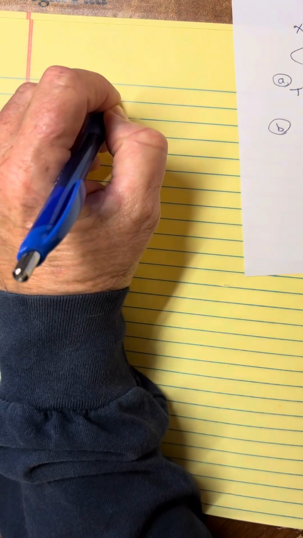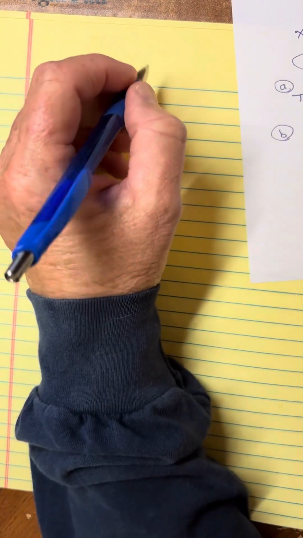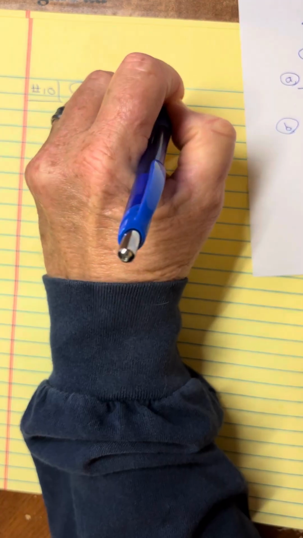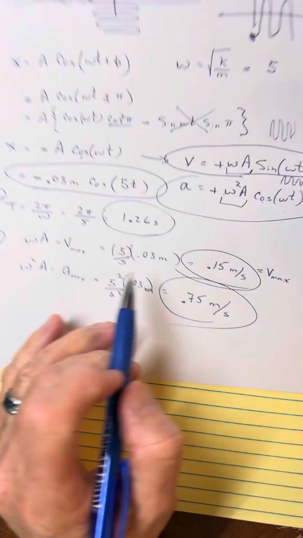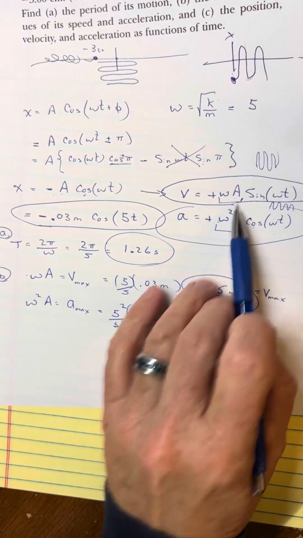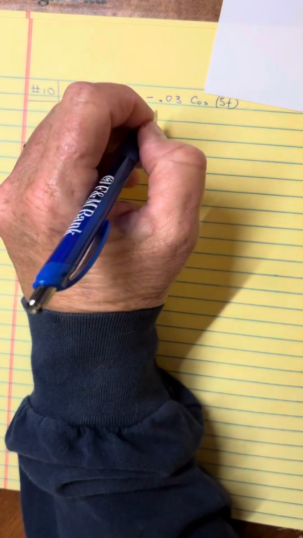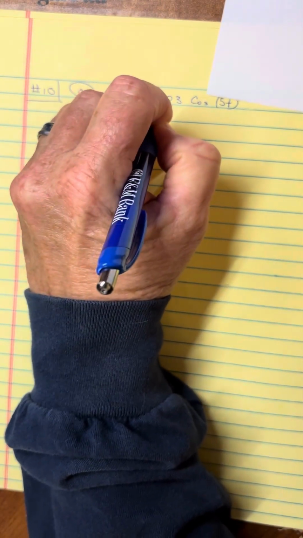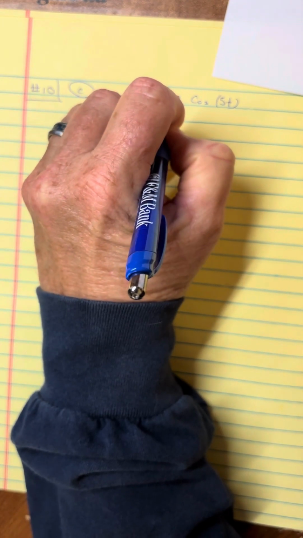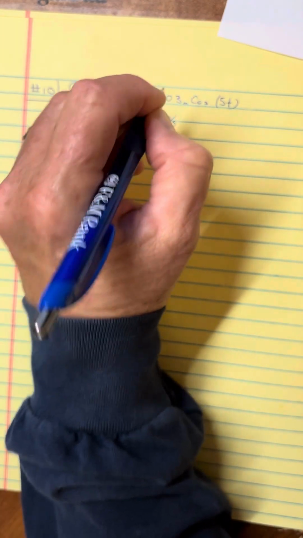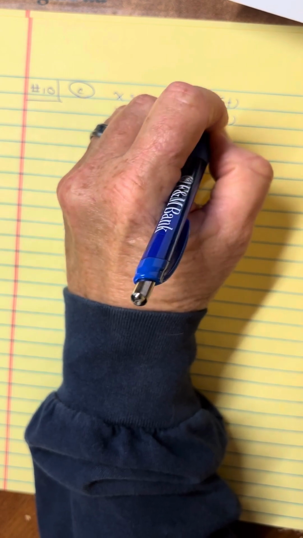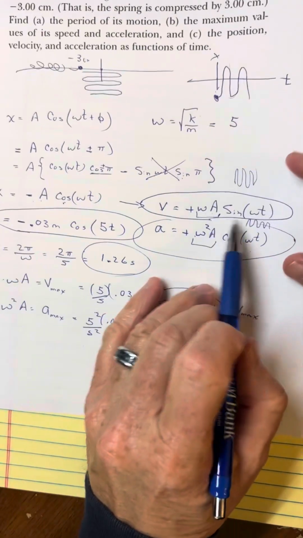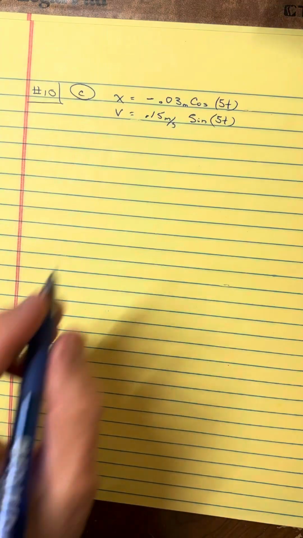So to finish it up, position would be negative 0.03 cosine 5t. Velocity would be this maximum that we did here, 0.15 meters per second, and then sine omega t. So that would be that one when you put the numbers in.